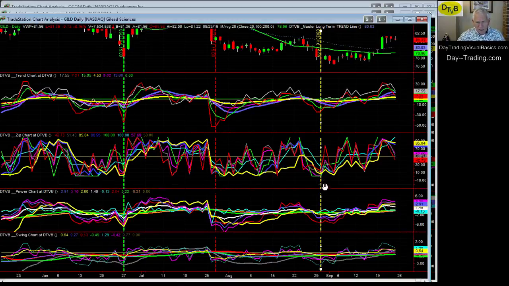And this is the day that the Zip Zion is no longer the highest coming down. And so what happens is it goes up the next day. We have a low angle down in power red. We have a low angle down in swing red and our swing Zion. I often forget to mention the big three, but those are the big three: trend red, power, and swing Zion.